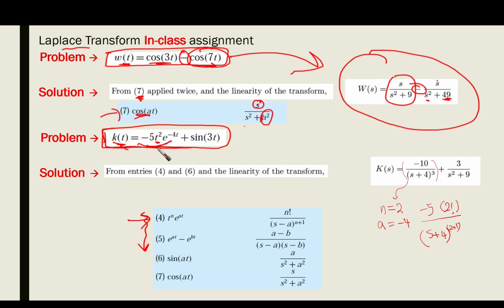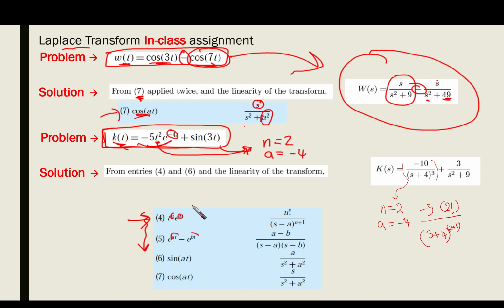Now, the most important thing is what n is and what a is. Here n is the exponent of t, so n is going to be 2, and a seems to be minus 4.